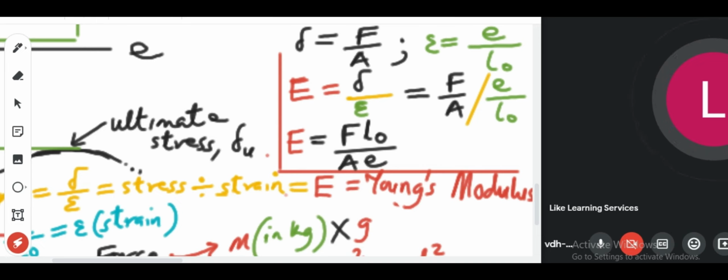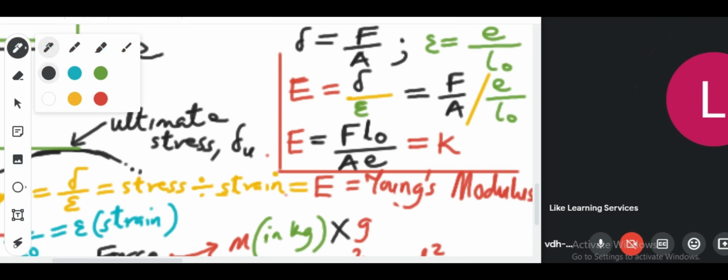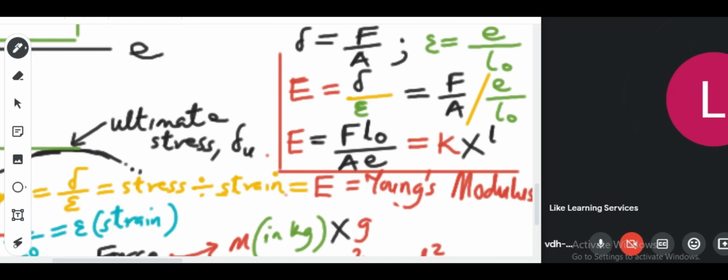And we know that F over e is a spring constant. So this will actually give us spring constant k times L naught over A, because F over e, force over extension, is a spring constant from Hooke's law.